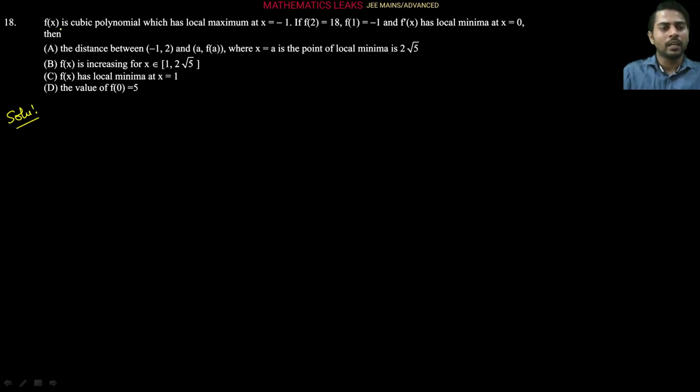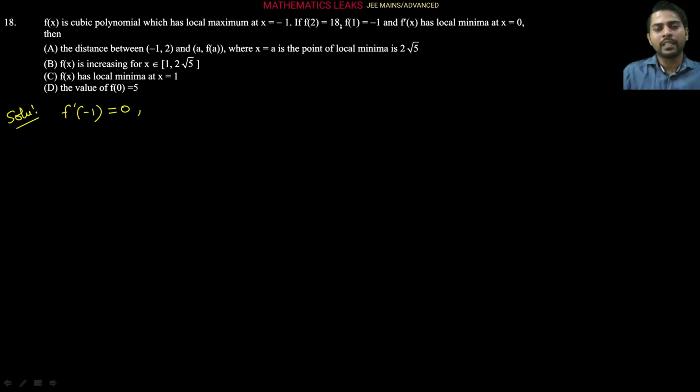Let's solve it. According to the given question, f(x) is a cubic polynomial which has a local maximum at x equals -1. It means the first derivative of f(x) at -1 necessarily should be 0.